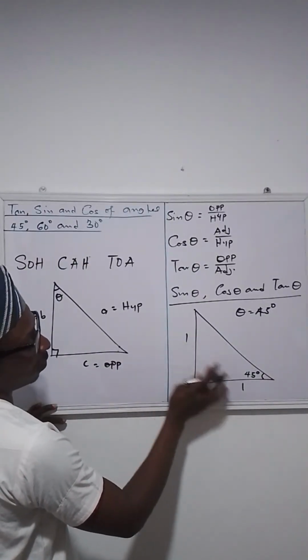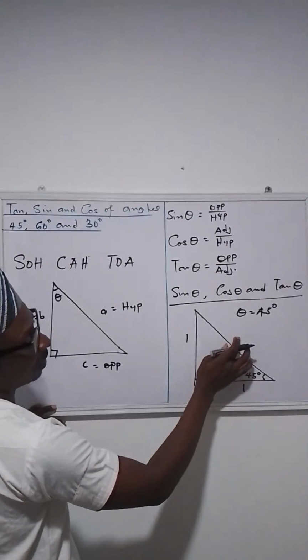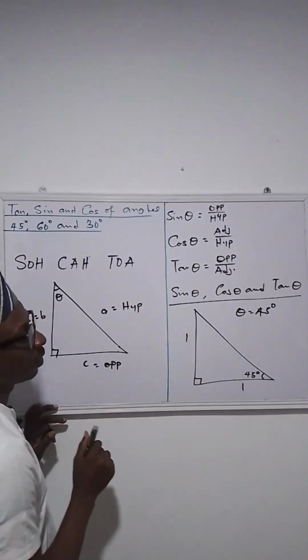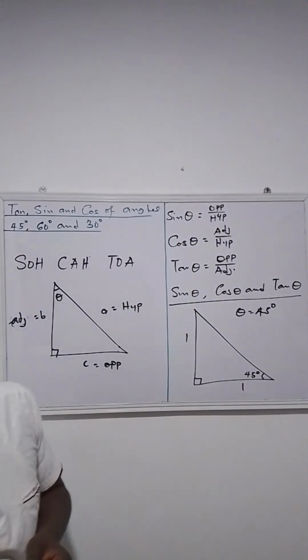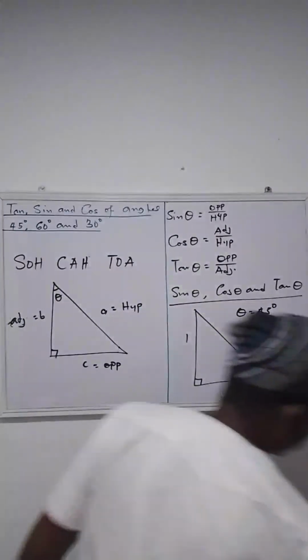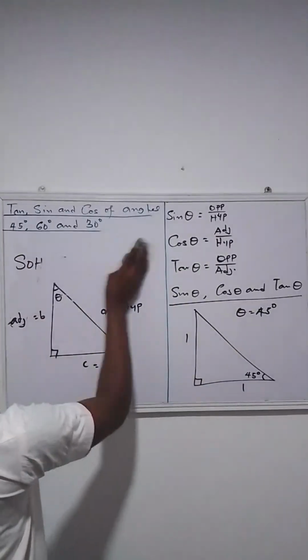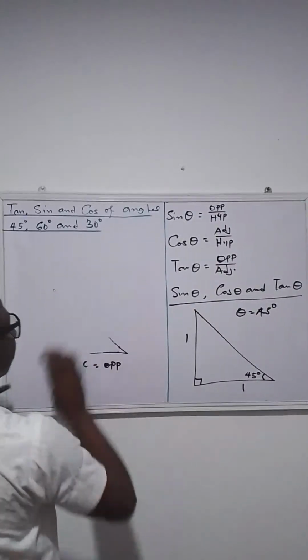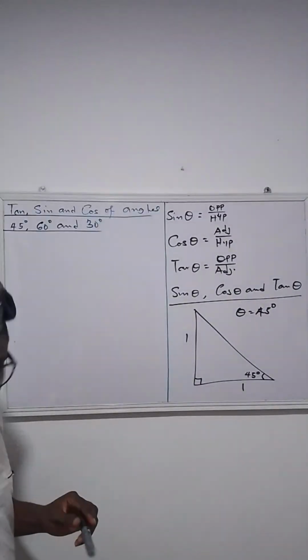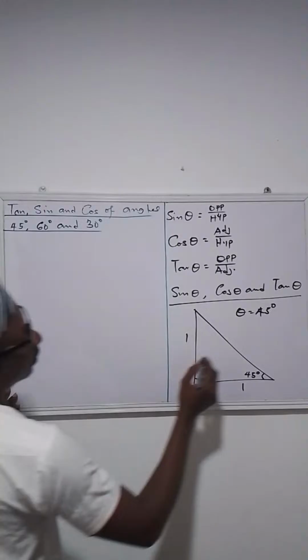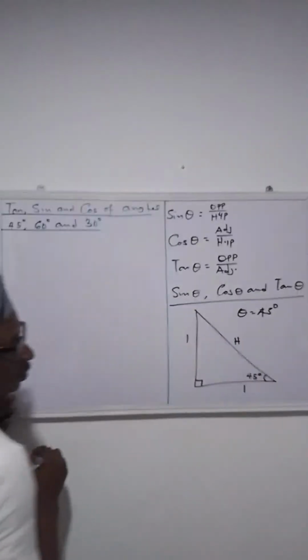So if this one is 1 and this one is 1, now let us get the hypotenuse, making use of Pythagoras theorem. In this diagram, let's represent the hypotenuse with h.